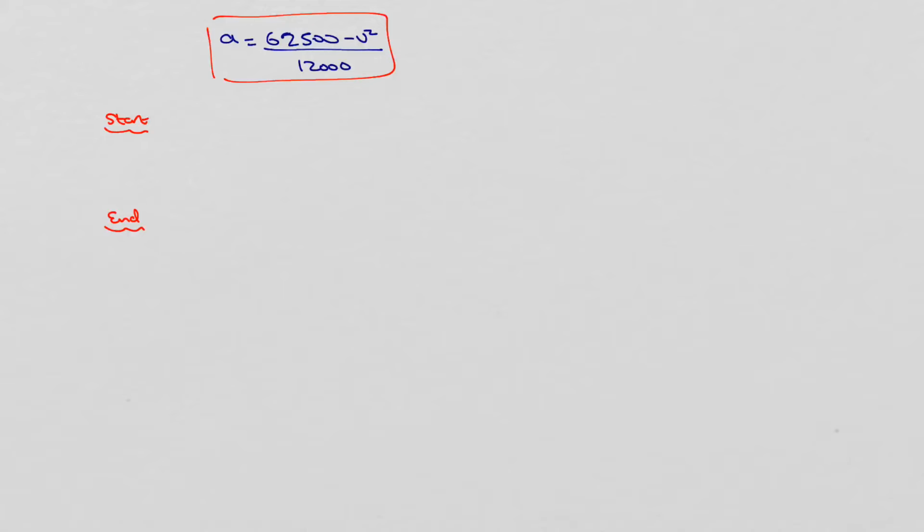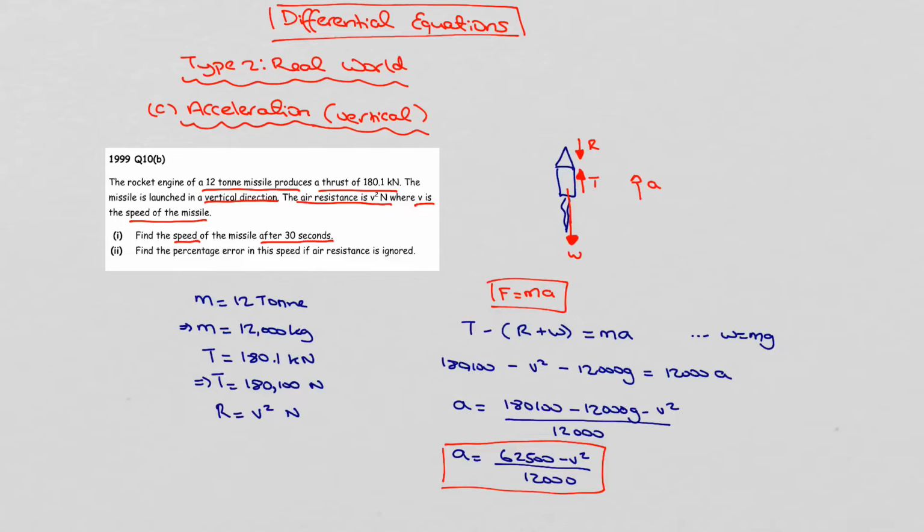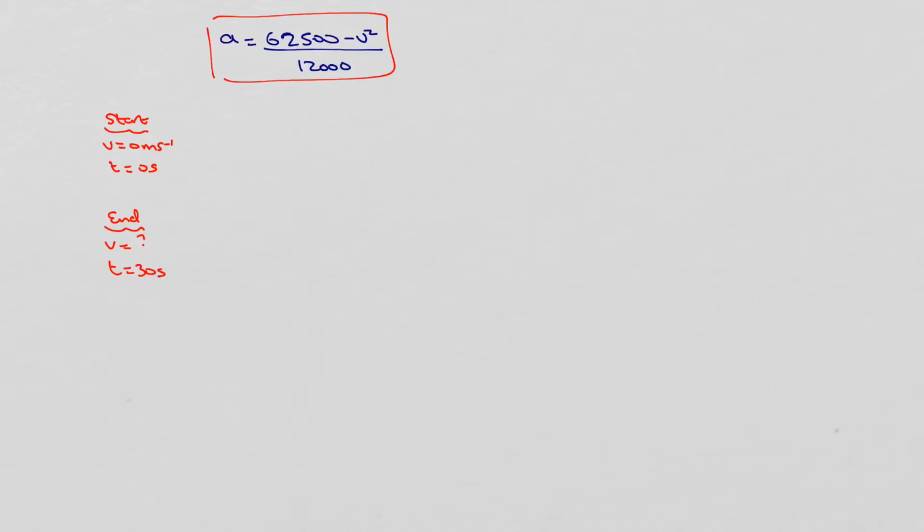So let's write up here, what have we got? a, we just said, was 62,500 minus v squared all over 12,000. So my start and end limits: at the start, my velocity is 0 and my time is 0. I'm looking for the change in velocity with respect to 30 seconds. So find the speed of the missile after 30 seconds. Okay, so we're looking for that change in velocity.